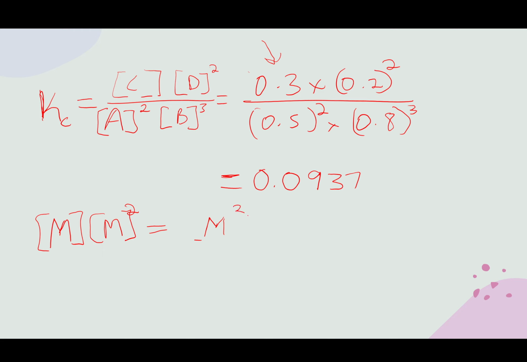This would be cubed, right? Yes, sir. Alright. And then on the denominator, we have squared and cubed. So what would that give us? M to the fifth power. Alright.